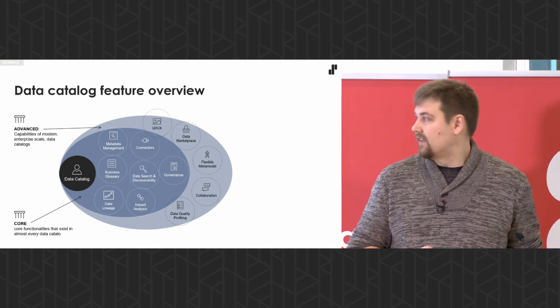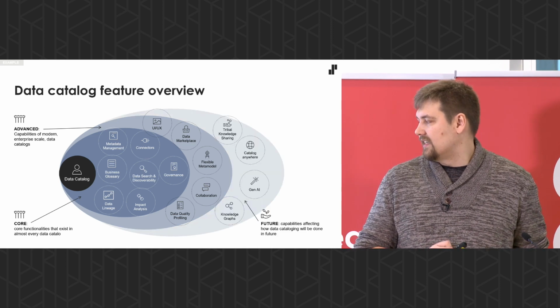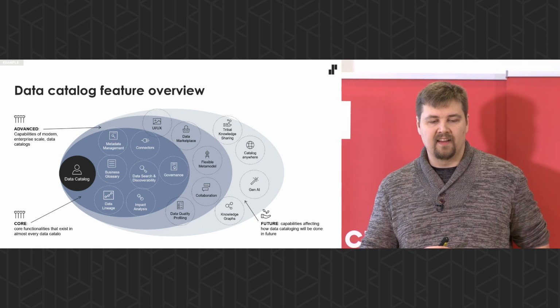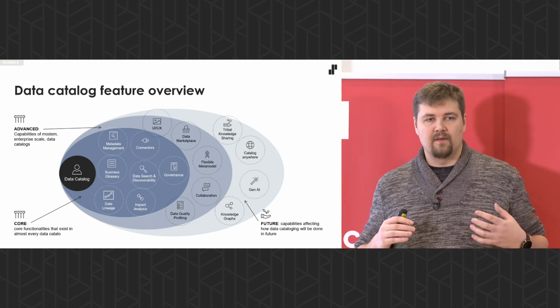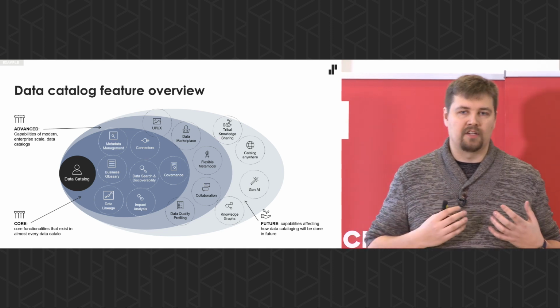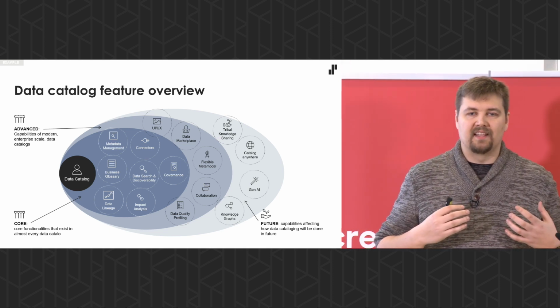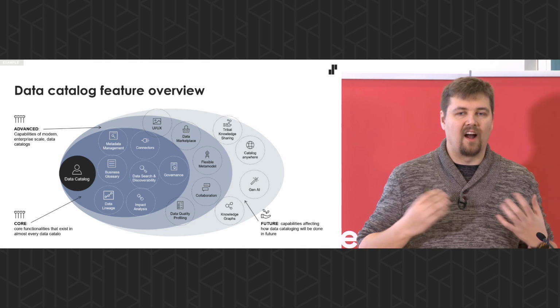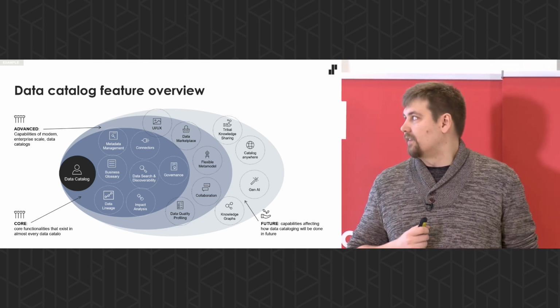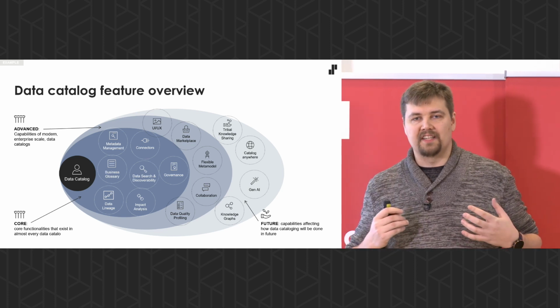And then the third layer is maybe a more futuristic perspective. So these are the features that many vendors are currently working with or working towards, but this is not yet having larger attention. So first of all, there is this tribal knowledge sharing.